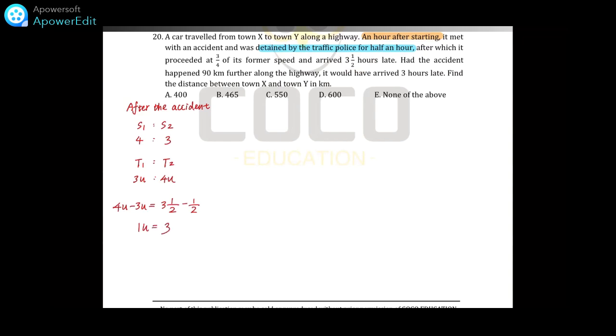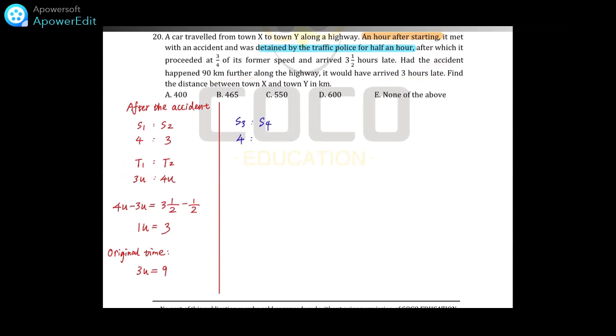Then we find the original time. The original time is T1. So 3 units equals 9 hours. This is for the first scenario. Then we move on to the second scenario. If the accident happened 90 km further, it will arrive 3 hours late.